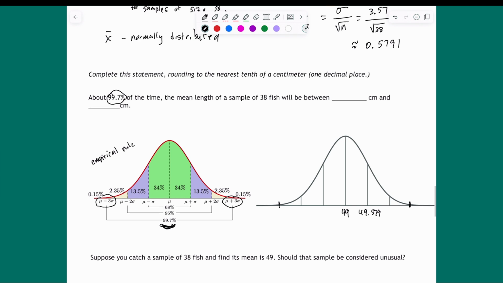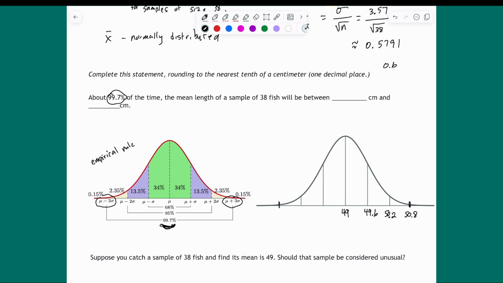Actually, it said to round to the nearest tenth, so let me back up. Rounding to the nearest tenth, that would be 0.6, so this would be 49.6. My apologies. Let's do that again: 49.6 plus 0.6 gives me about 50.2. Then again, we get 50.8. Now that's going up by standard deviations.